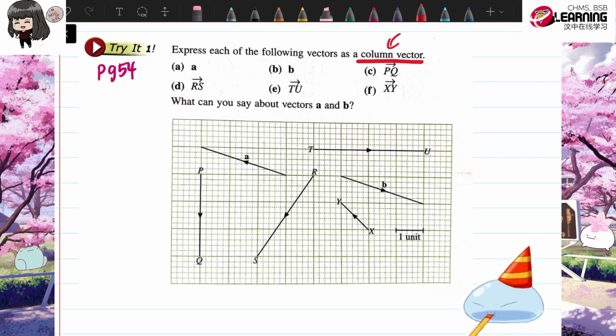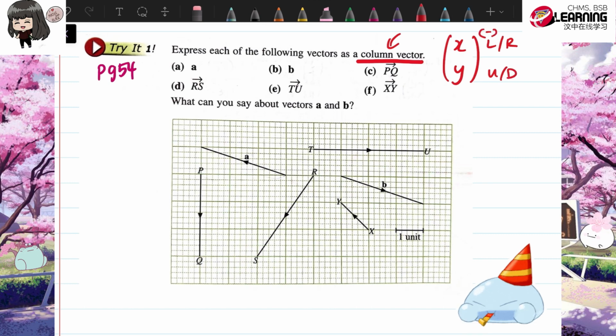So a column vector can be written as a 2 by 1 matrix, as in the top one is X, the bottom one is Y, where X is represented by left or right, and Y is up or down, and negative to the left, and if you go down it is negative. So left, right first and then up, down. So this is a column vector, right? So a vector can be represented by a column vector.